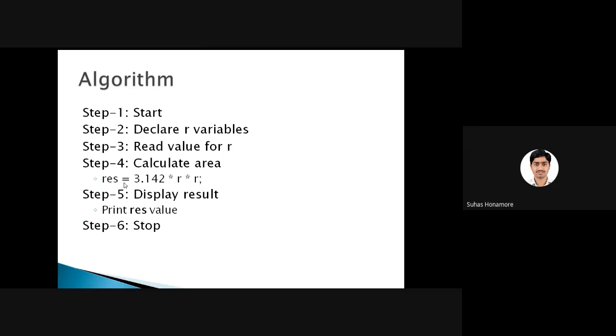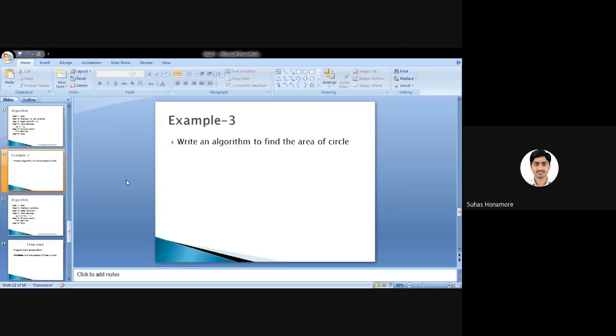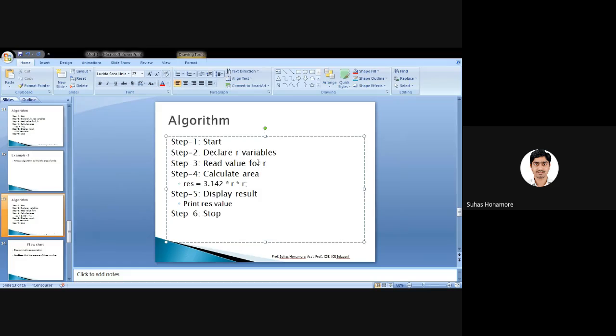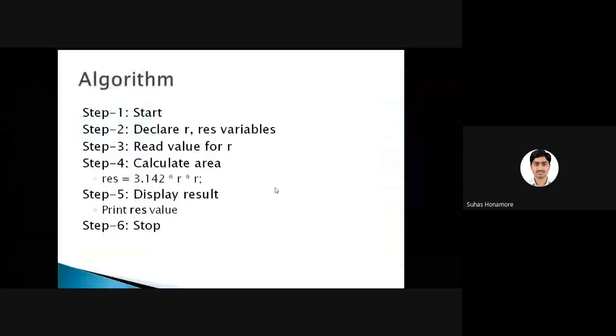This result we are keeping, so for this purpose we have to add one more thing in the declaration, that is a res variable. That is an extra variable we are referring to, so here two variables. Then calculate it, then display the result. Whatever result is there, that will be displayed. Last step is stop.